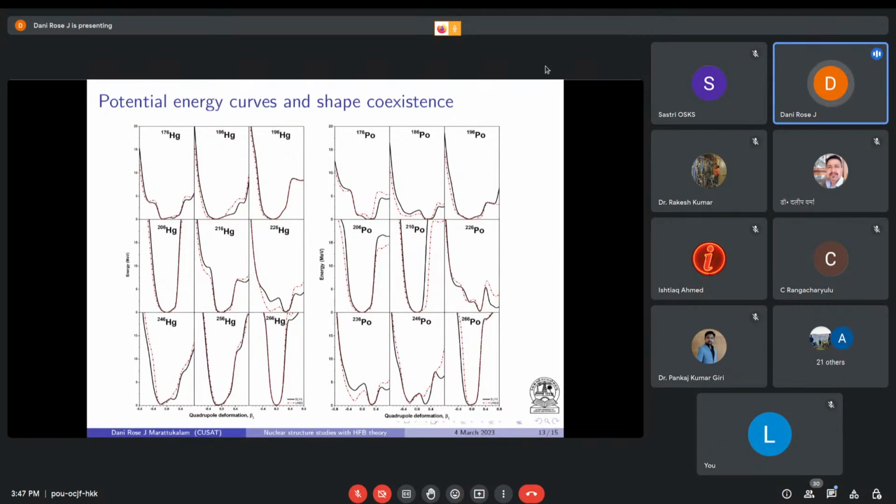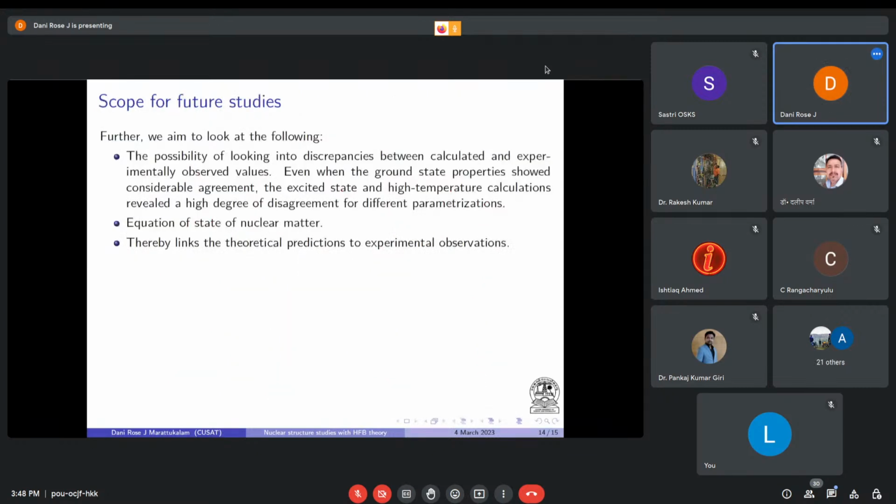Also, the calculations for both the parameterizations are pretty similar, and so these are my calculations. We possibly aim to look into the possibility of examining the discrepancy between the calculated and experimental values in both the parameterizations when we move to higher temperatures.